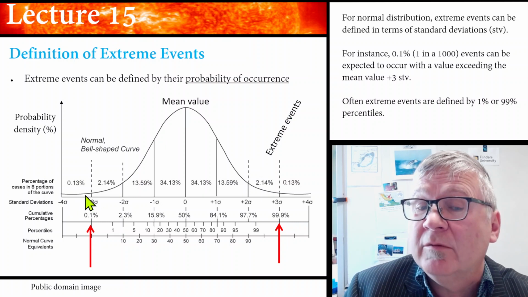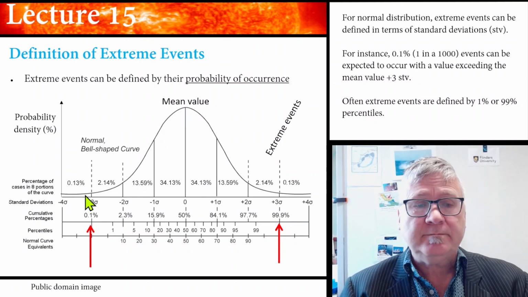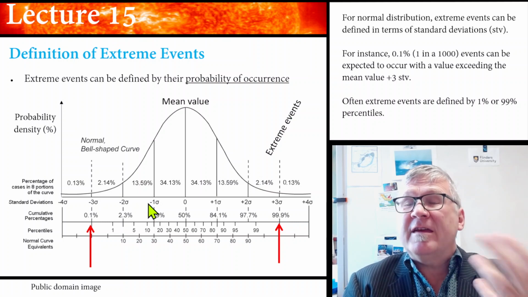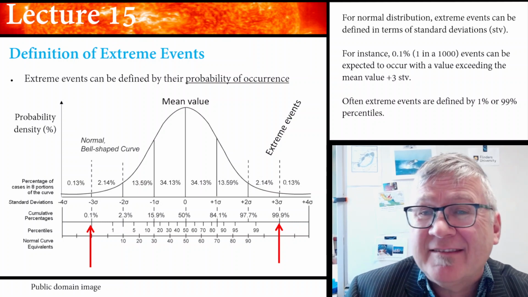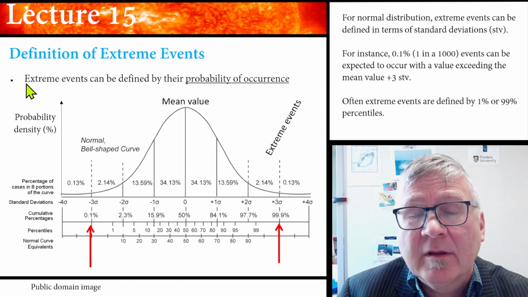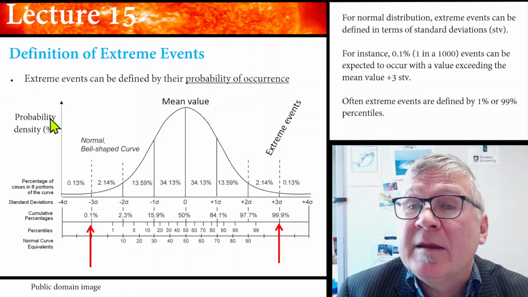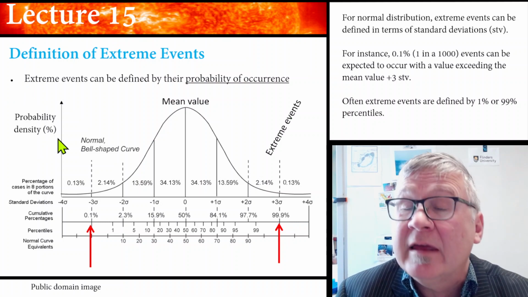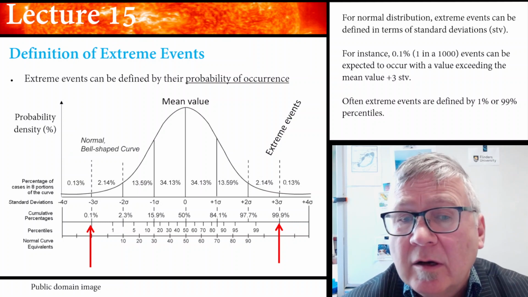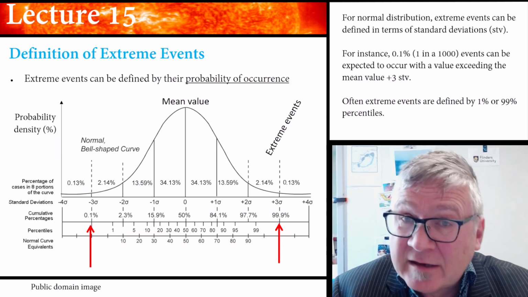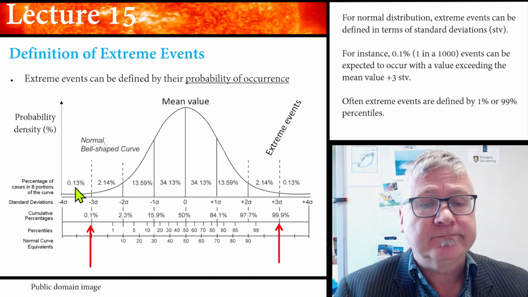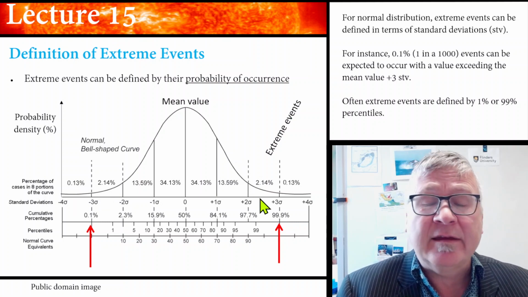Left means colder, right means warmer. And this frequency, or the number of days that you get, we call the probability density, and we can express it in percentages, relative to the total number of what we call events. So each day in this case we call an event. So you get that distribution.